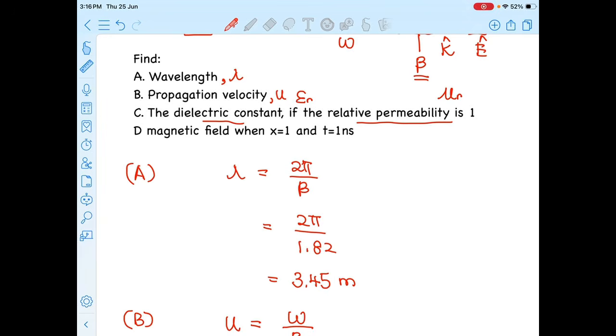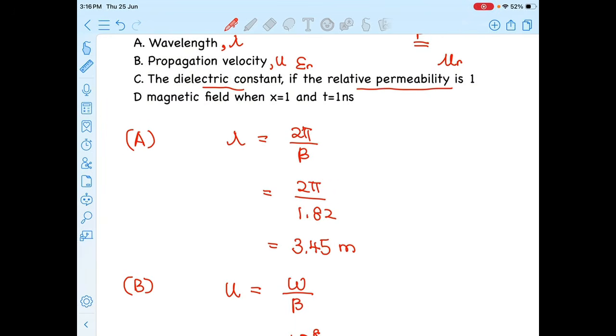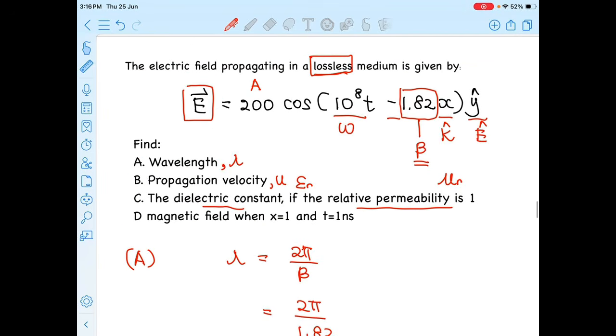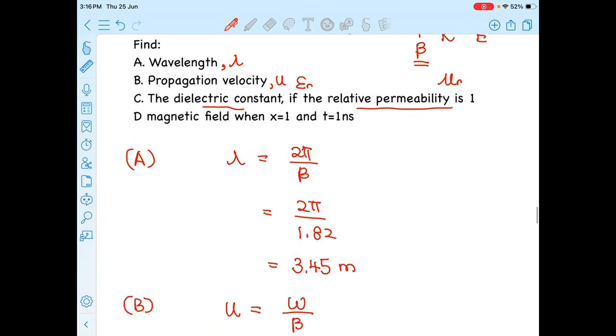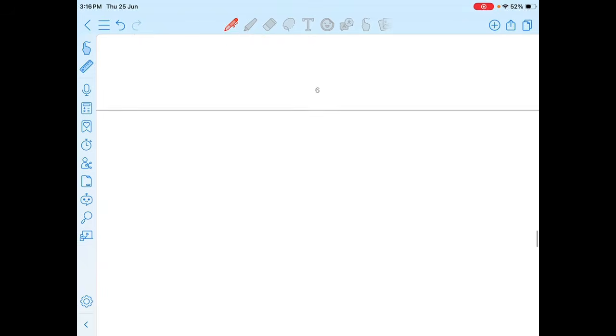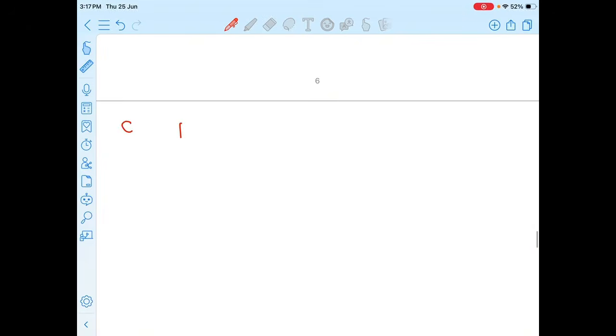You can refer to the formula for the calculation of beta for lossless media. For a lossless medium, alpha is equal to 0, but beta you can calculate by using this formula: omega times the square root of mu naught, epsilon naught, and epsilon r.